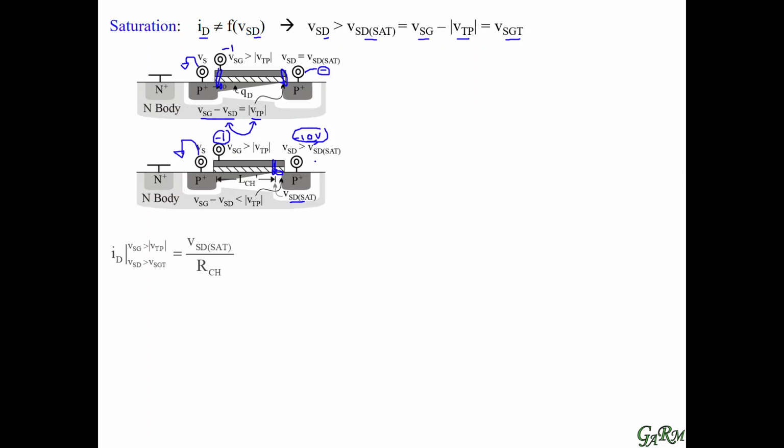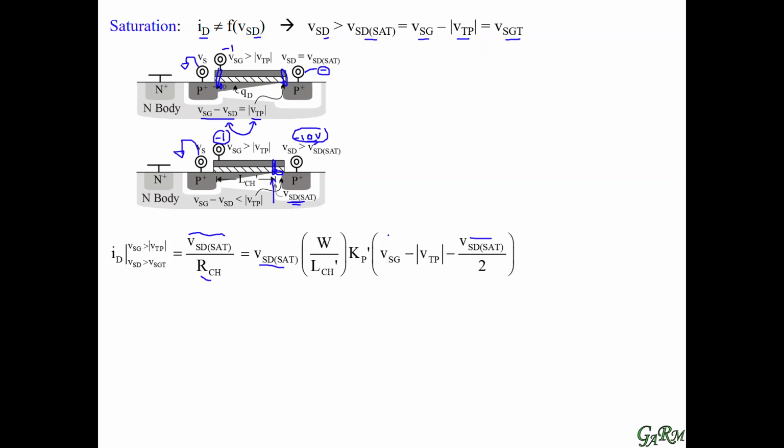What that means is when we look at the current, it is going to be still the voltage across the channel over the resistance, except that now the voltage across the channel is just the saturation voltage. So we have the same expression as before, except we're using the saturation voltage for VSD.